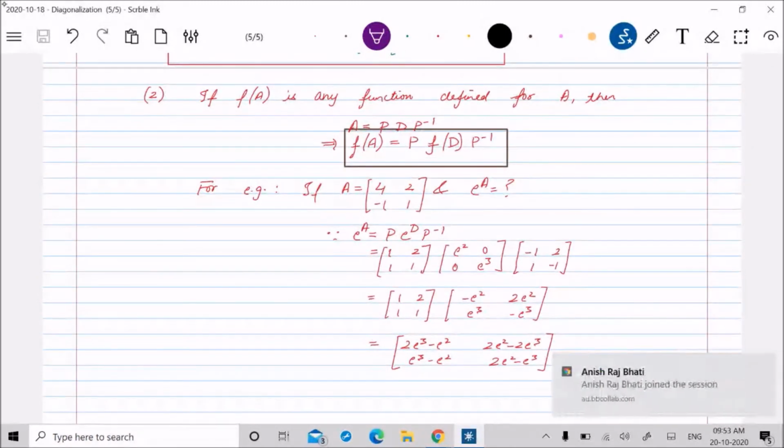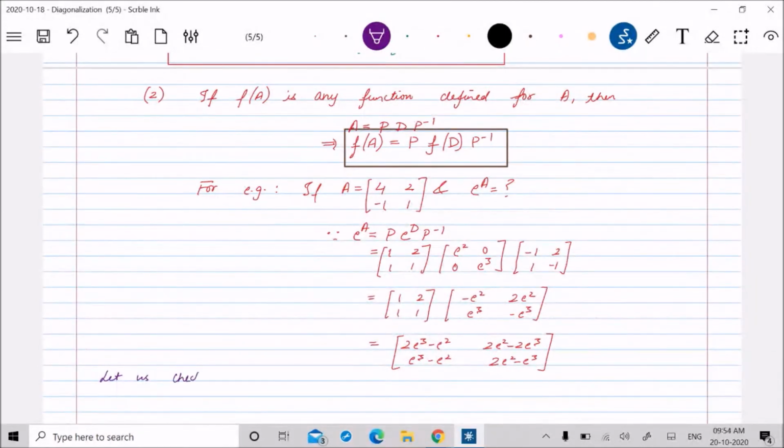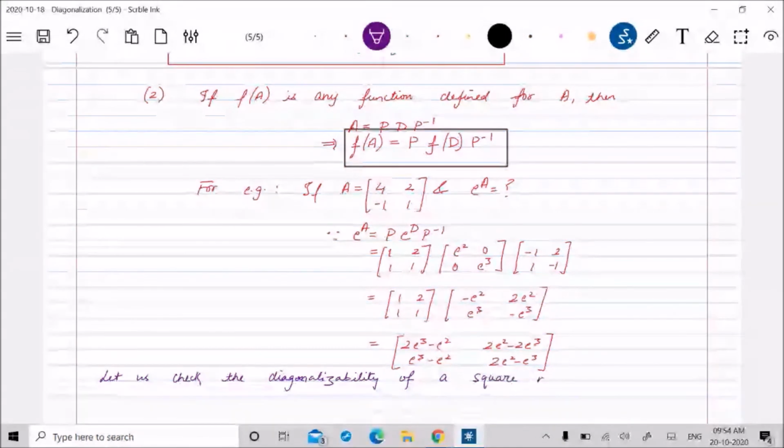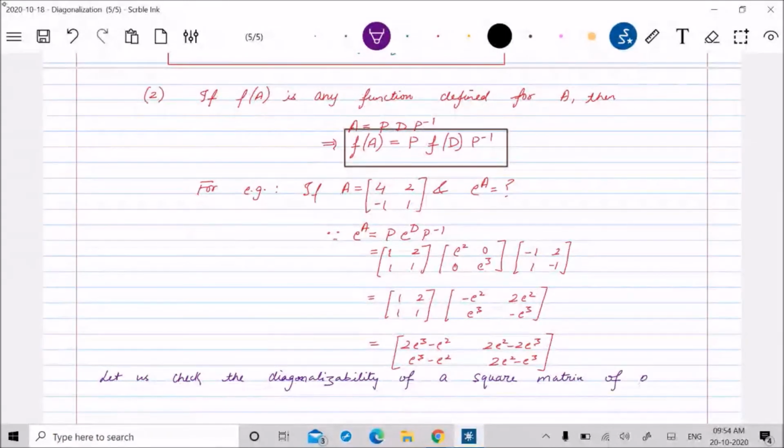Okay. Let us check the diagonalizability of a square matrix of order 3.